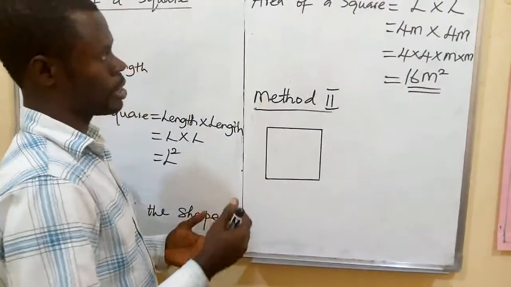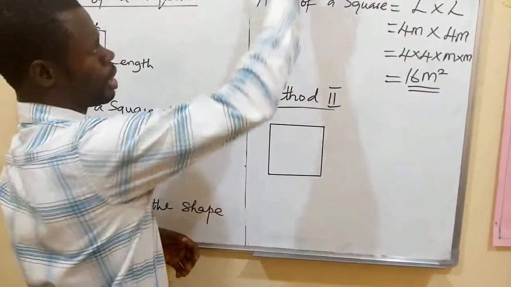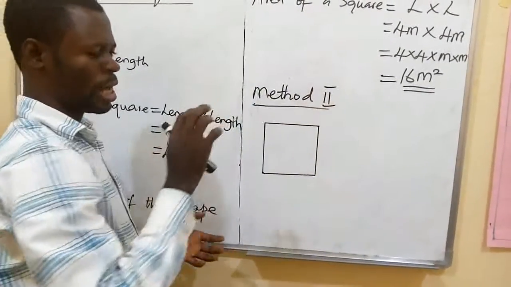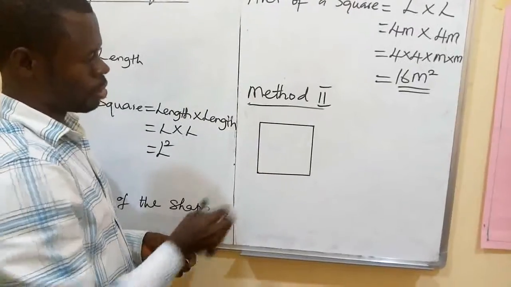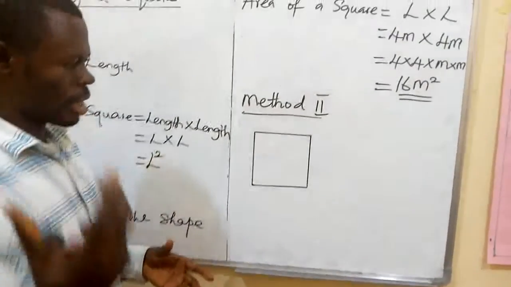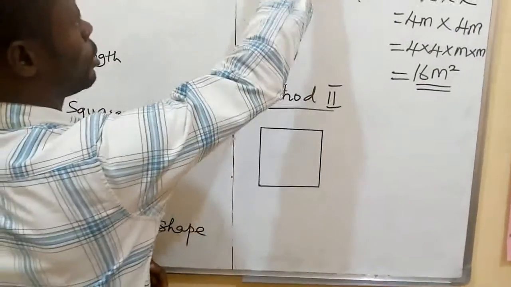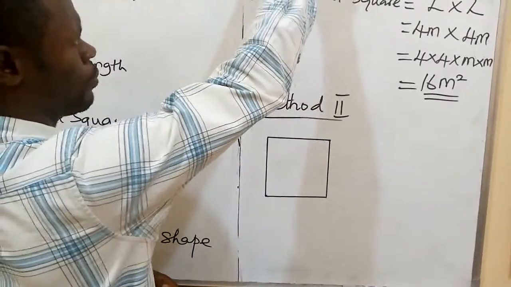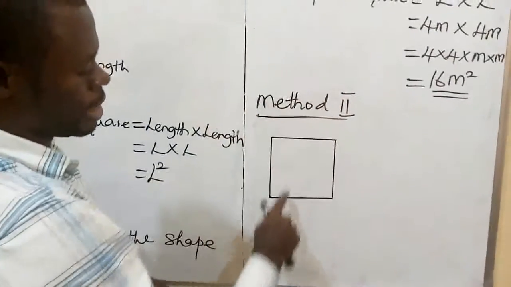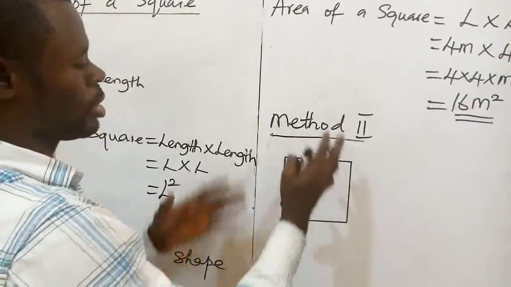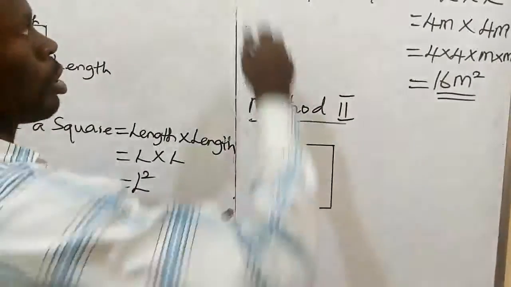In the second method, the counting of the squares method, first of all, you look at the side that has been given to be the length of the shape, just like we did in our last class. This side has been given to be 4 meters. That means you divide the shape from up to down into 4 equal parts.